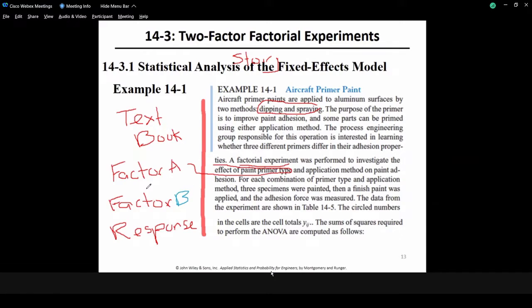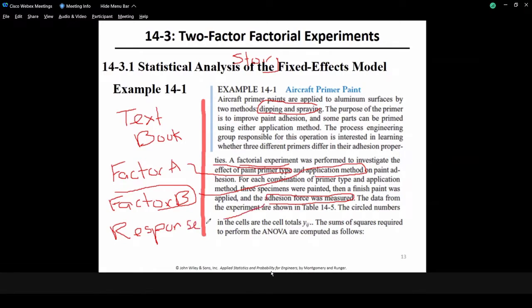B refers to application method. For replicates, three specimens were painted, and the adhesion force is measured. So this is the response.